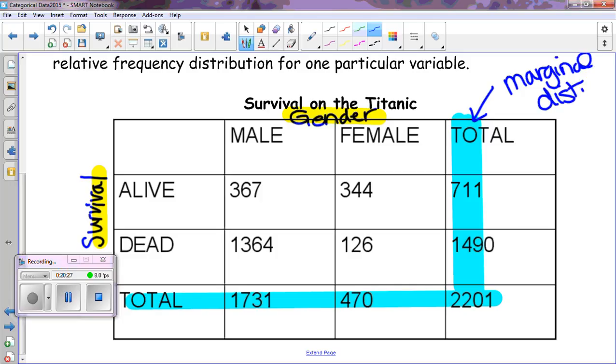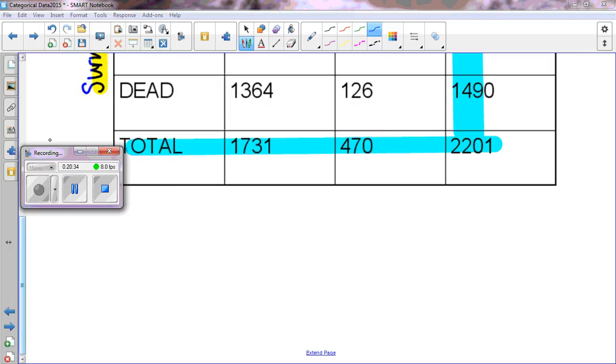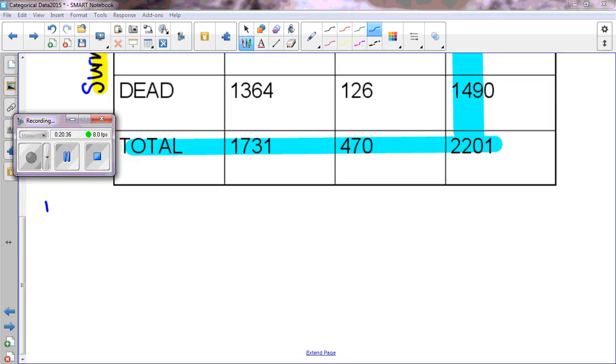Let's create a marginal distribution with this information for gender.